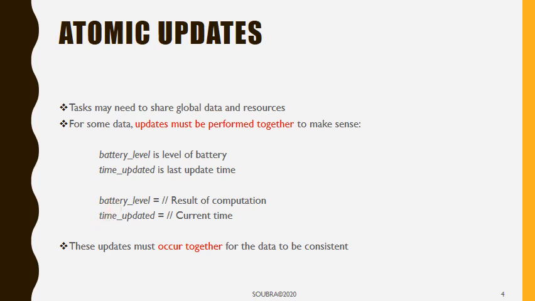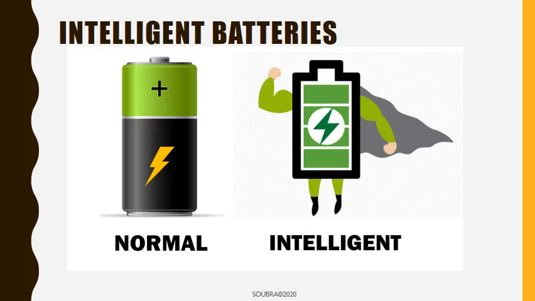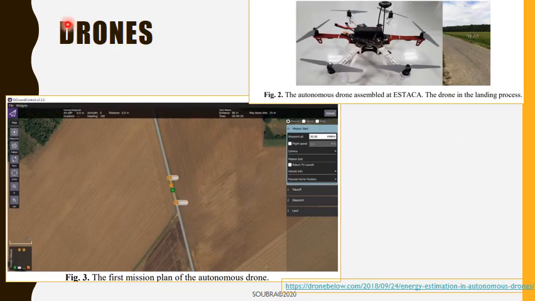And one last real-life example that I'll be talking to you about, and this is what we consider the intelligent batteries, because they not only provide the necessary voltage or the juice in order to make a system run, but at the same time they can give you insights or indicators about the next recharge time and what is the actual level, etc. So the third and final example that we're mentioning today is the context of drones.